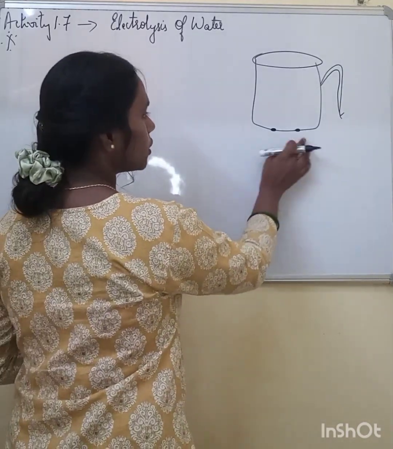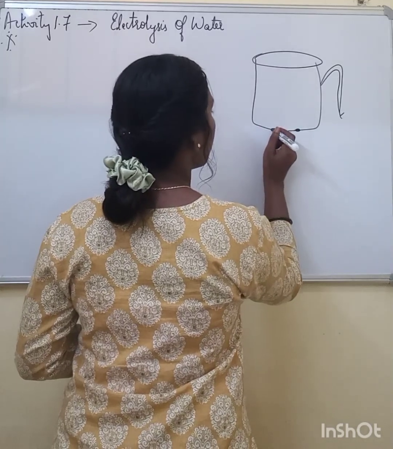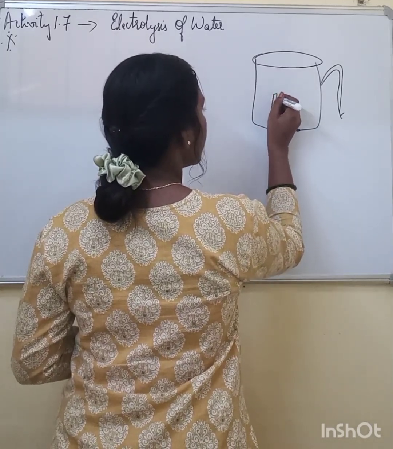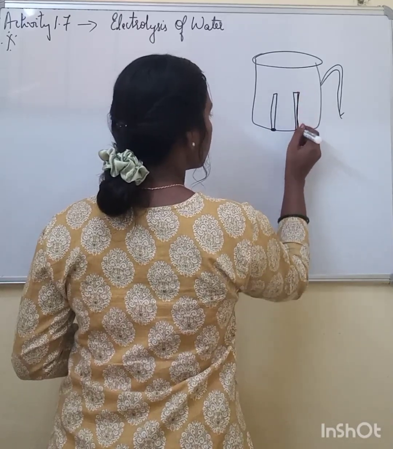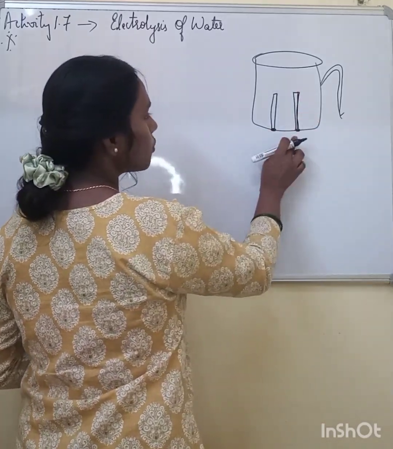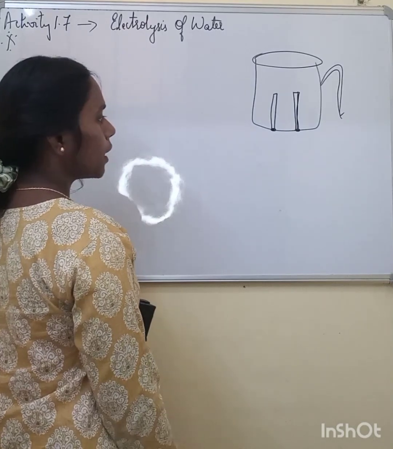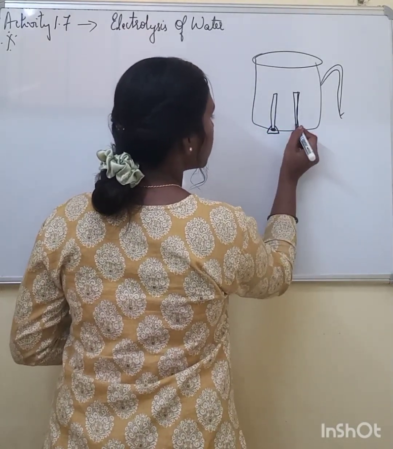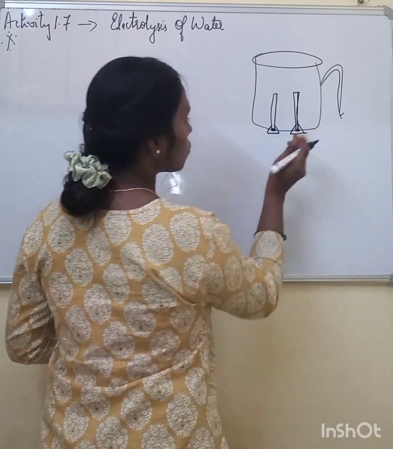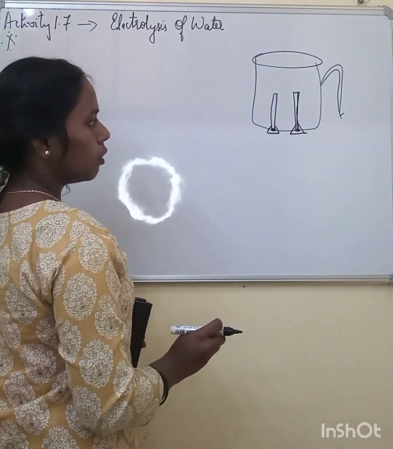In the 2 holes you insert 2 carbon electrodes and put a rubber plug or rubber stopper so that it is fixed properly to the hole.